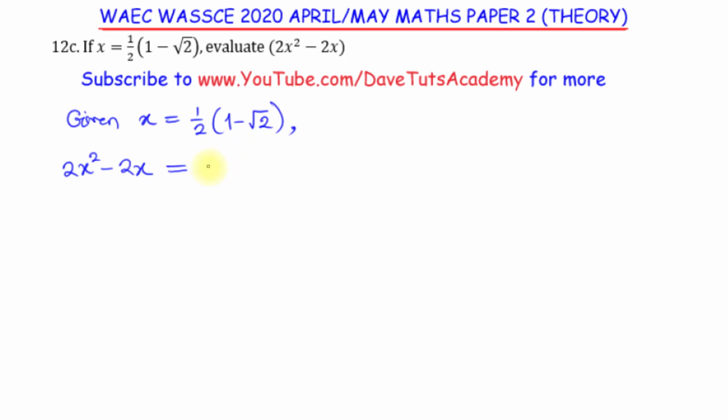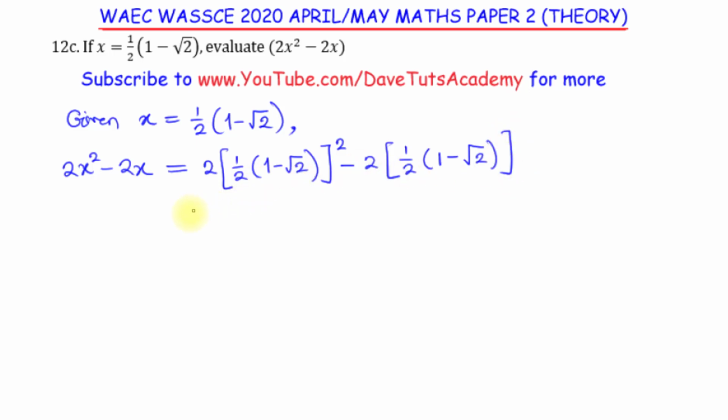So that will be 2 multiplied by x squared, which will now be 1 over 2 multiplied by 1 minus root 2, all of this raised to power 2 because this is x, then minus 2 multiplied by 1 over 2 of 1 minus root 2.